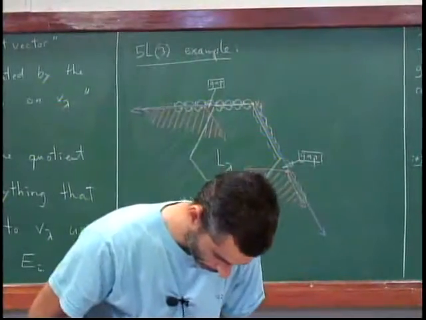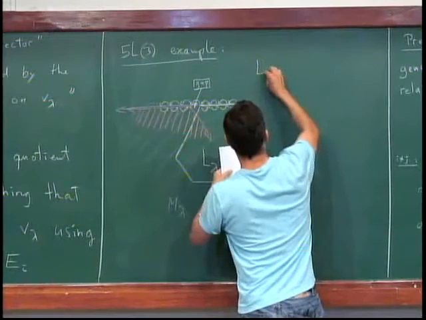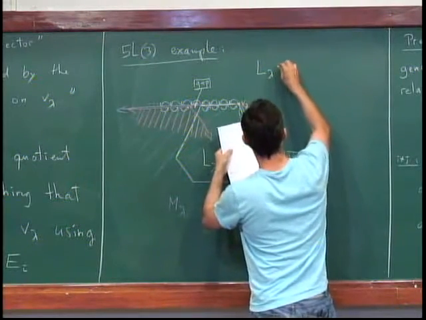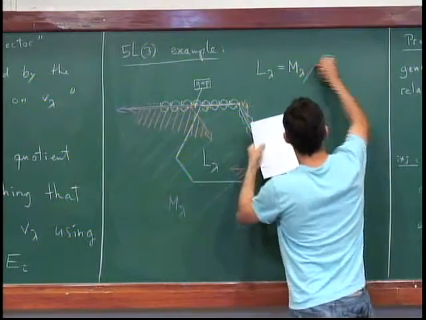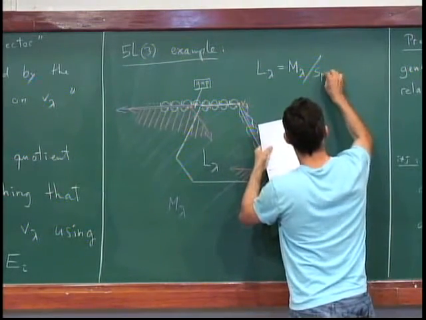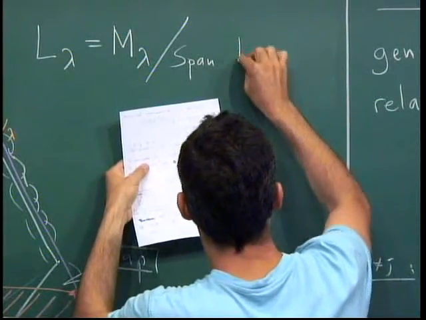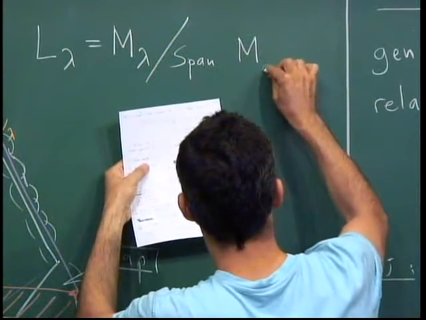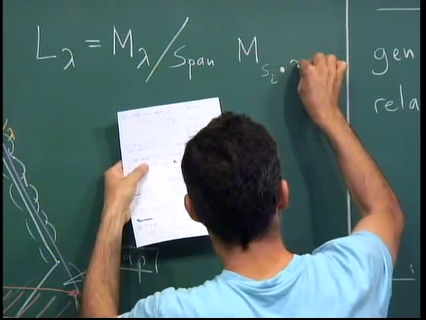So, more precisely, L lambda is equal to M lambda modulo the span of M_{s_i • lambda}.